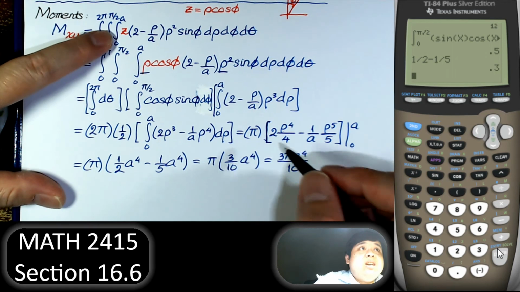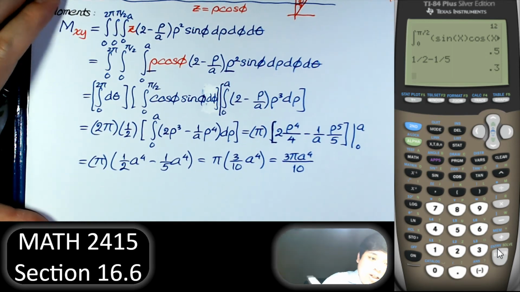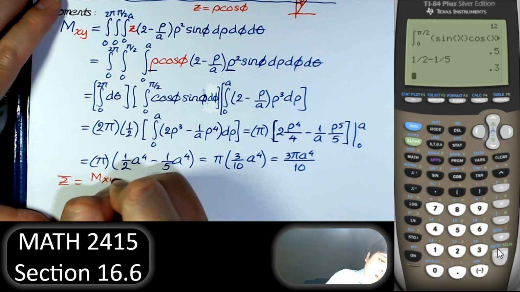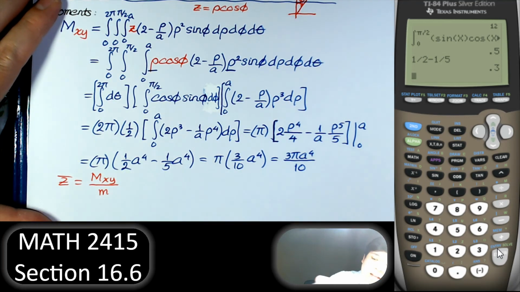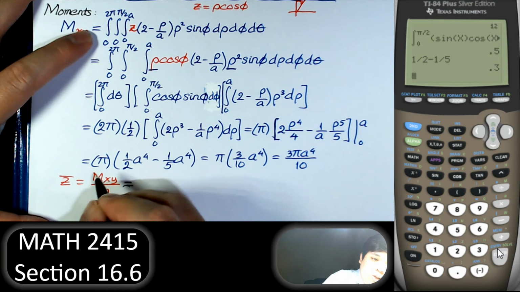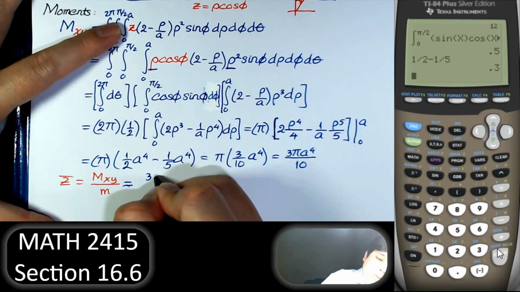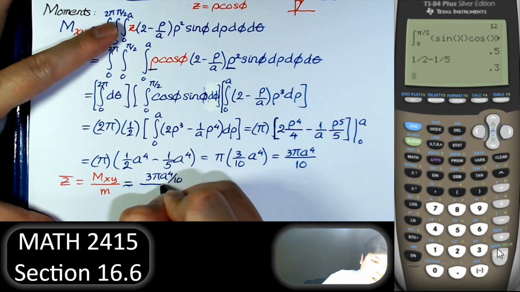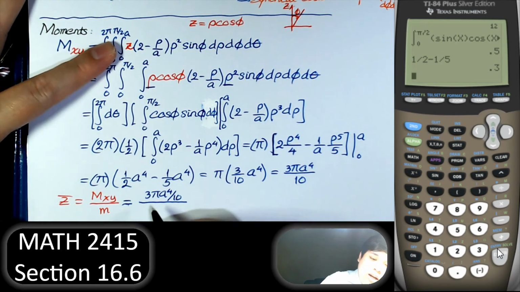Right, so this is the z, we stick a z to it, so we can say z bar is the moment of xy over the mass. The moment about xy plane is where we stick a z to it, so we have 3 pi a to the 4th divided by 10, divided by the mass of 10 pi over 12.